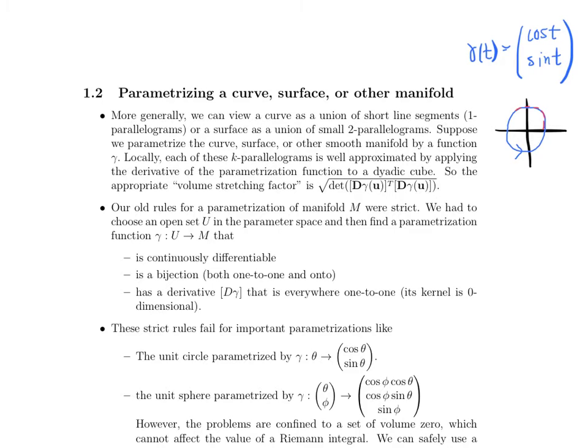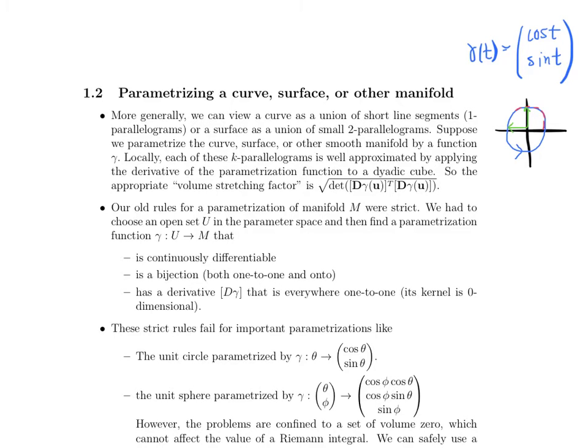Note that it's not gamma that actually gives these particular red line segments or their direction, because for any value of t, gamma gives a position vector from the origin out to the point on the circle. So if you had a particular value for t, like pi over 2, you would get this vector right here. For pi, you'd get this vector right here.